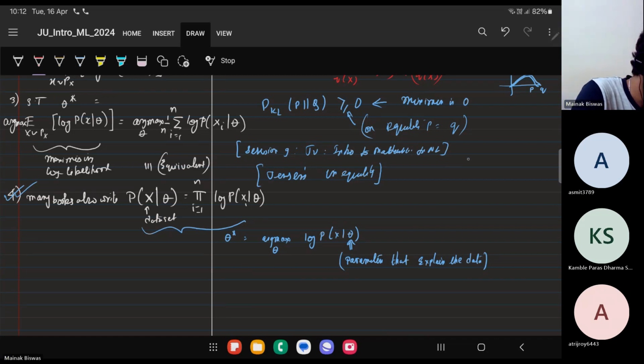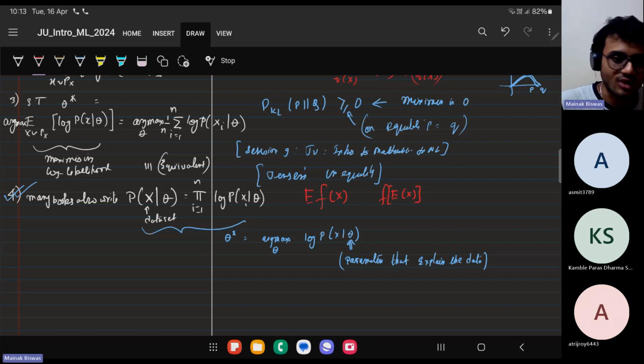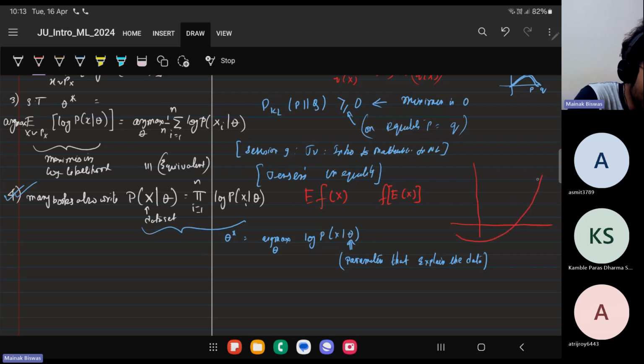It says, I'll put the equation later on, the expected value of f(x) and f of the expected value of x. If you have a convex function, that we have proved last time, it has to be facing upwards, right? Like this. This is the convex function.